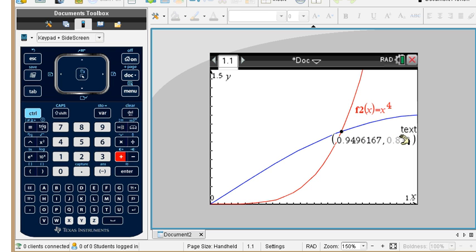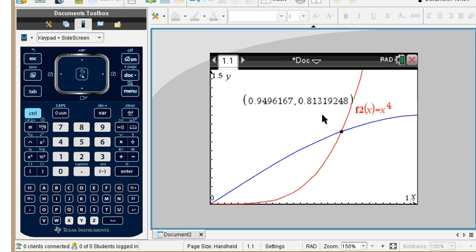Hover, I have an open hand, and press the plus sign several times, and here we have an xy coordinate out to 7 or so decimal places. My recommendation is to take the first 5 or so decimal places, so we're going to have 0.94962 for the x-coordinate and 0.81319 for the y-coordinate.